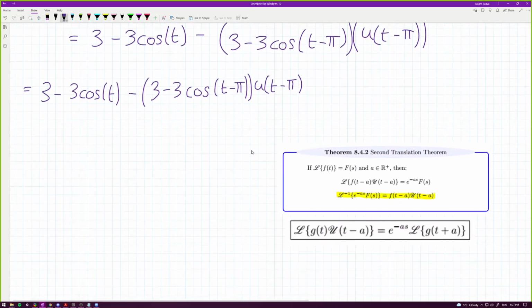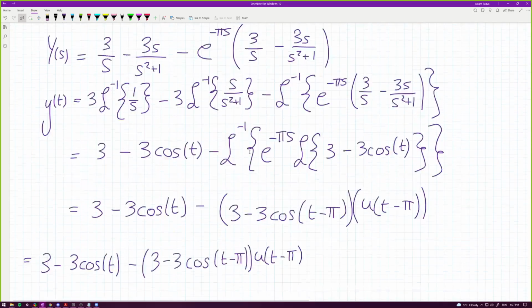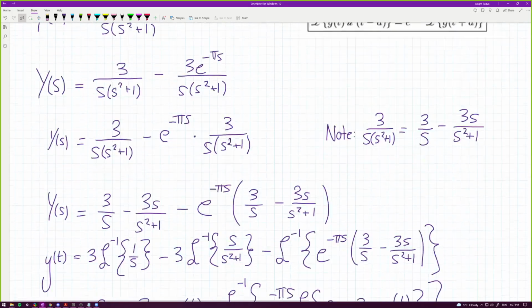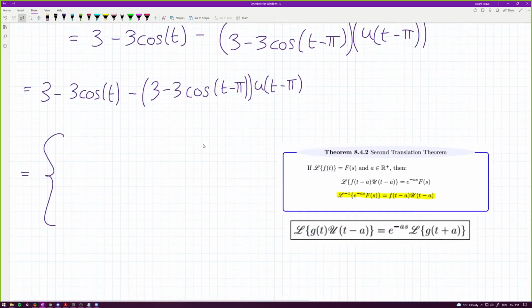If you want to write that as a piecewise function, this is how I would do it. Since we're defined starting at 0, I'll define it starting at 0. Starting at 0, we're at 3 minus 3 cos t, because the other stuff isn't here yet. It only activates at pi. So for t between 0 and pi, that's what it is.